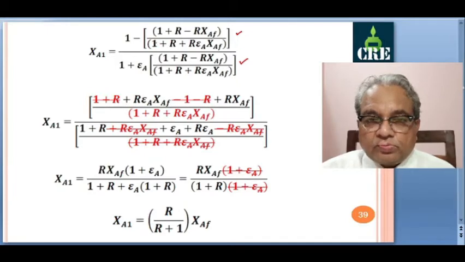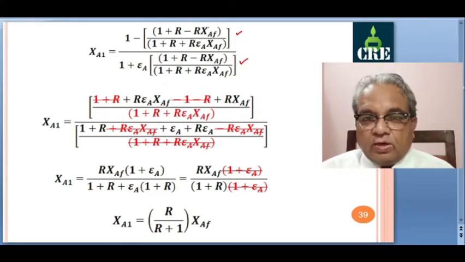So what we will do? We'll multiply this and write the numerator and denominator terms. So here 1 multiplied by 1. So all three terms 1 plus R epsilon A XAF, and this minus 1 minus R plus R epsilon A XAF. So 1 plus R, this minus 1 minus R cancels out, and the numerator is left with R epsilon A XAF plus R XAF. Okay.